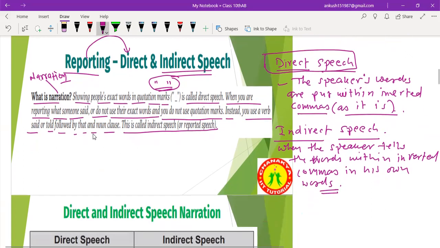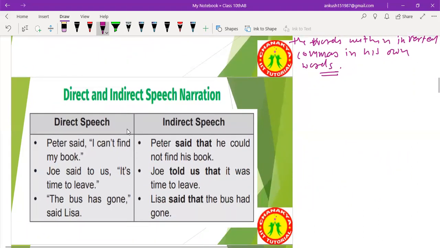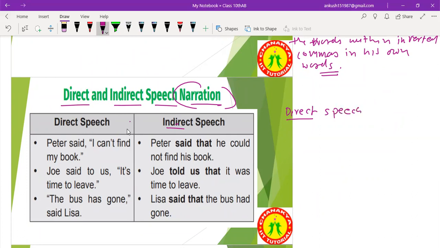Now, one thing I would let you know: direct and indirect speech, which is also called narration, involves sentences being transformed or converted into indirect speech. But before that, you should understand what direct speech is.